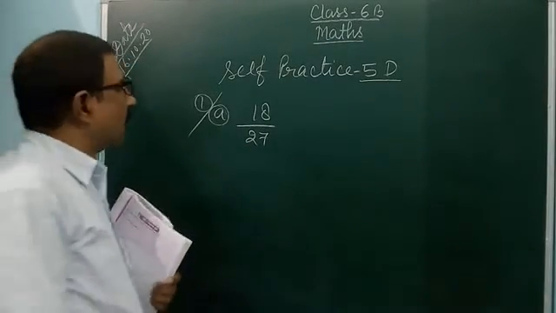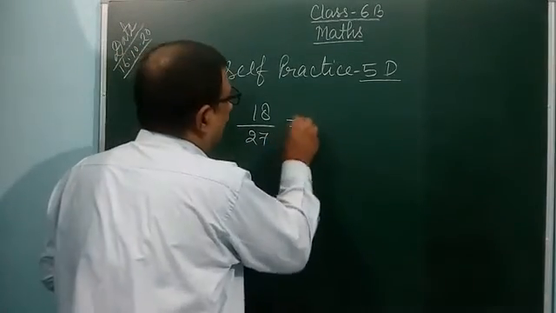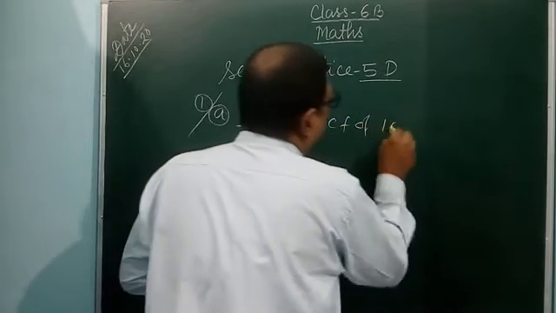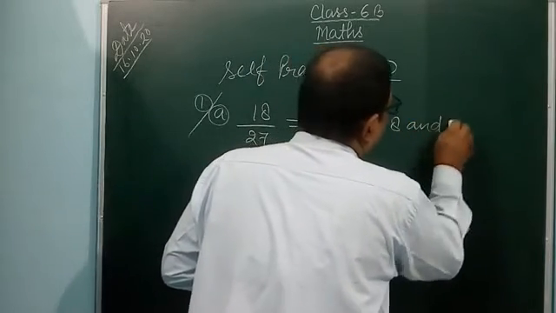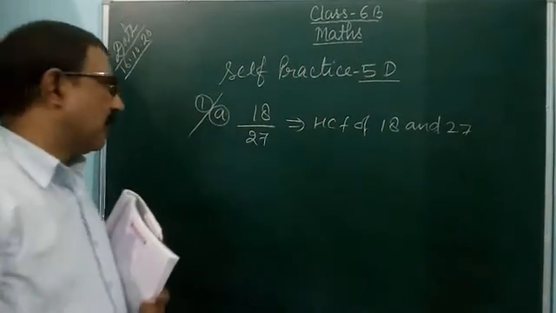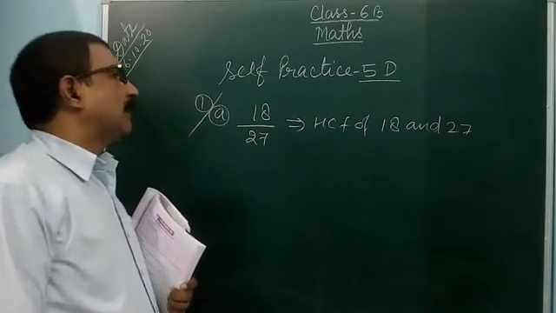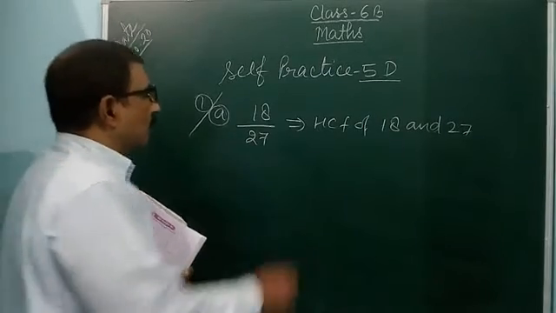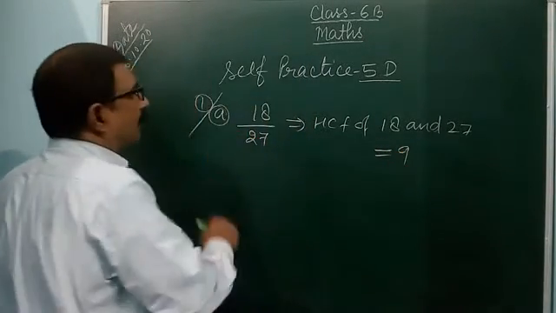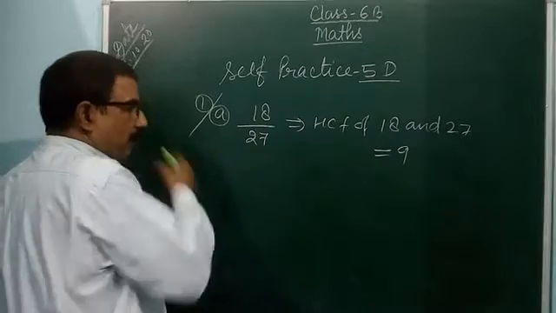So in this way you can take the HCF of 18 and 27. You can solve by the HCF method also. After that it will come 9. 9 twos are 18, 9 threes are 27.